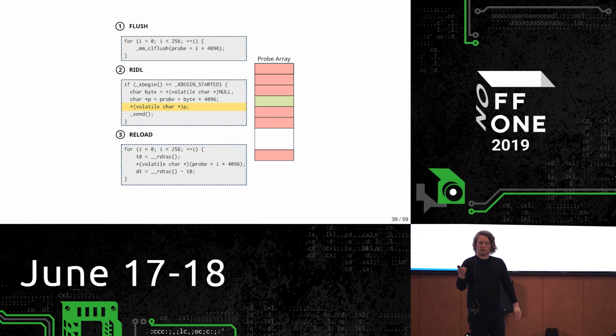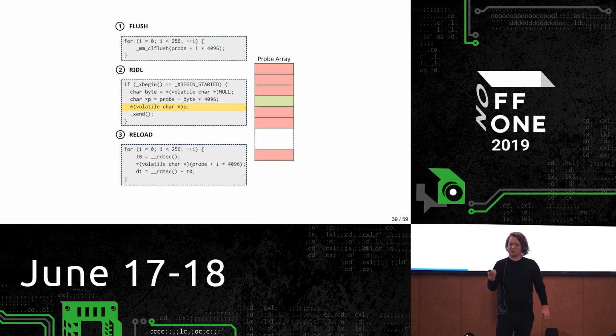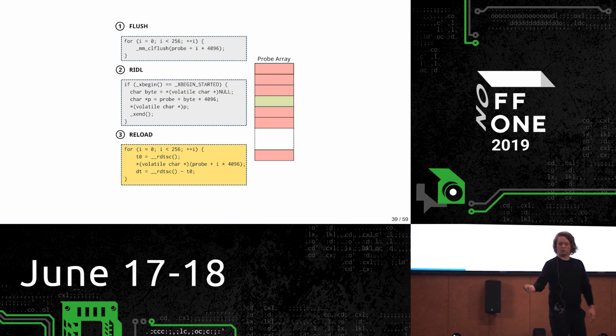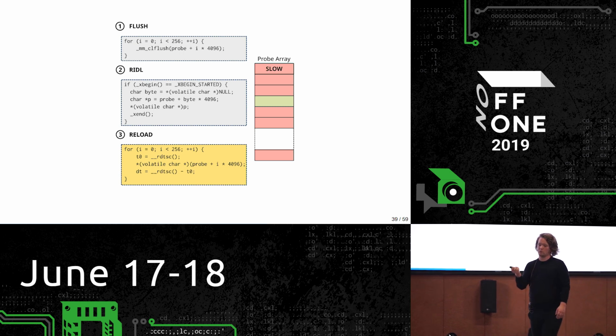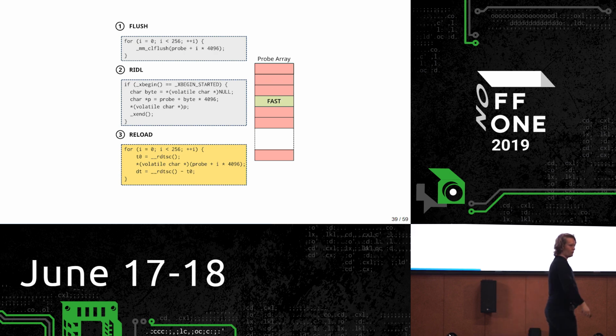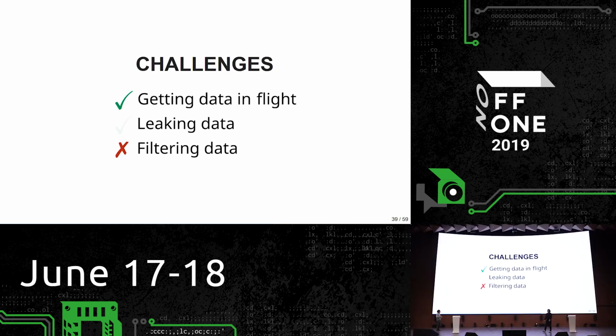So what we do is we use this value that we leaked as an offset into our probe array, and then later we simply time every access to our probe array, and we see the first one is slow, second one is slow, third one is slow, the fourth one is actually fast. So we know that the leaked value here is 3. So we can leak data using this program, so our RIDL attack.